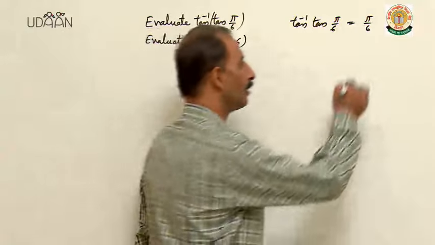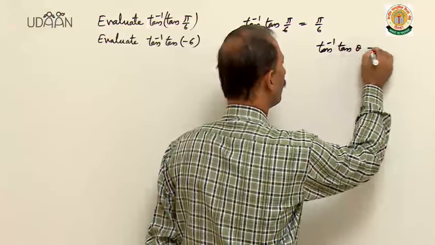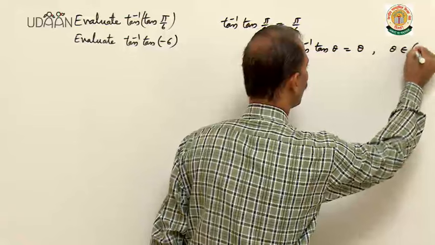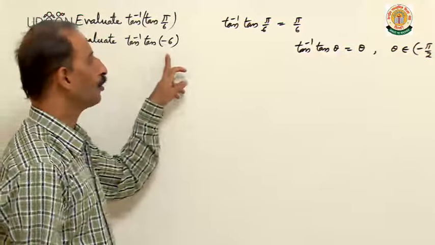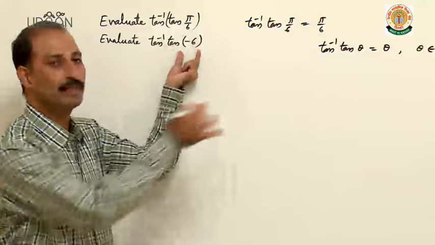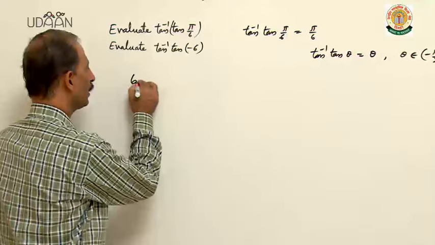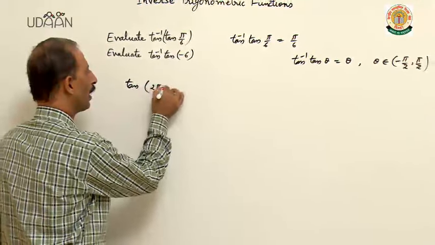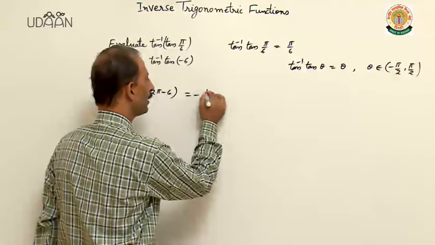So this identity we are using here: tan inverse of tan theta will be theta only when theta belongs to minus pi by 2 to plus pi by 2. First of all, convert this value so that it is in that interval. See children, tan of 2 pi minus theta is minus tan theta.